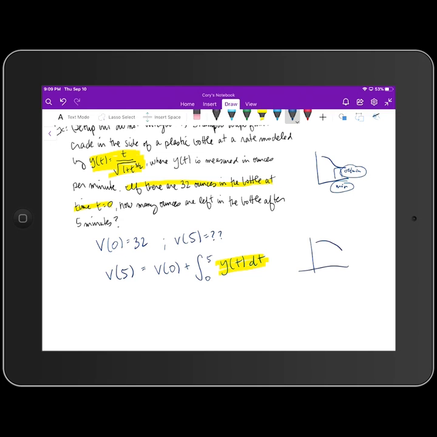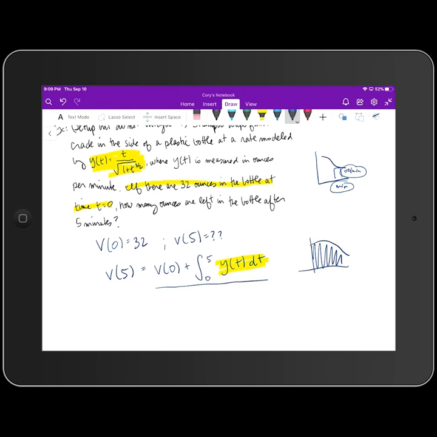So when you compute the area underneath that curve, the area underneath that curve is going to be above the x-axis, thereby making that area a positive quantity. So when you compute this expression right here, you're going to have V of 0, which is 32 ounces, and then the integral from 0 to 5 is going to be some positive quantity.